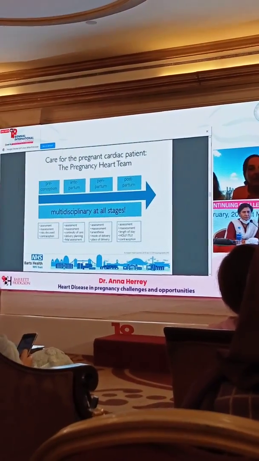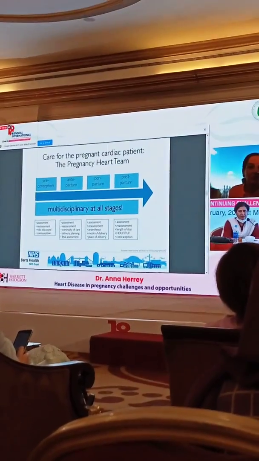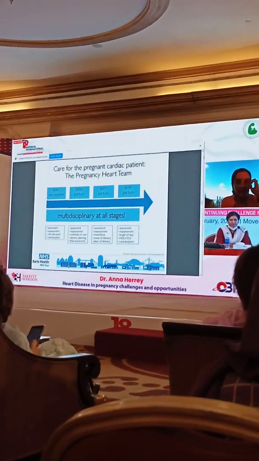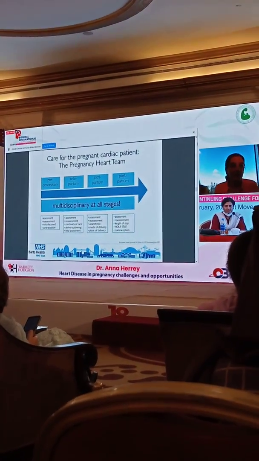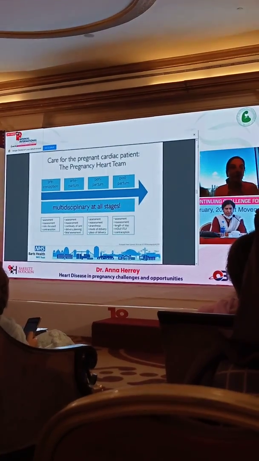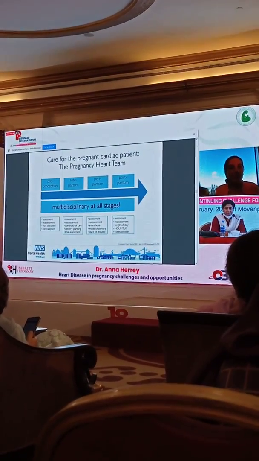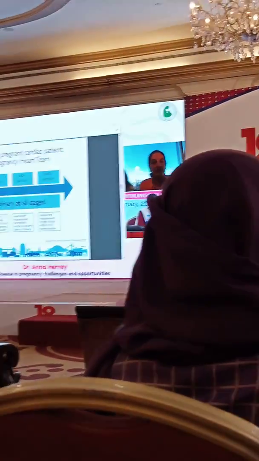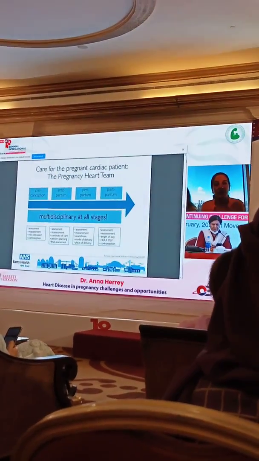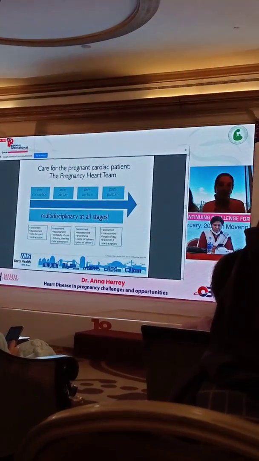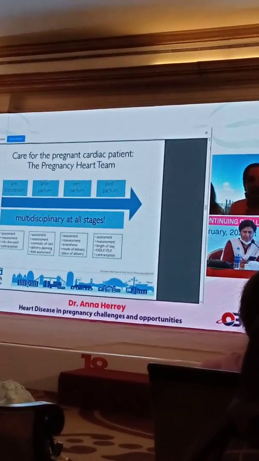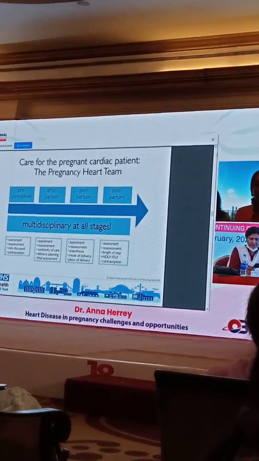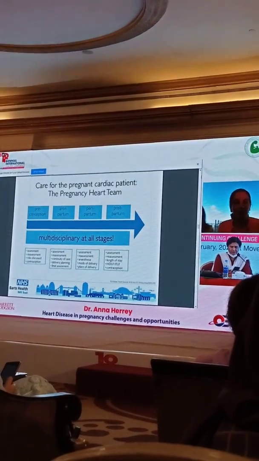Okay, yeah, that's it. So the care that we deliver to these women should be multidisciplinary at all stages, and I haven't got much time to go into details, but you can see here that it should all start with good risk assessment prior to pregnancy, adjustment of medication to facilitate safe pregnancy, then reassessment at any stage wherever appropriate in the pregnancy, and good delivery planning, and that includes where does she deliver, when can she deliver in the spoke, or does she need to go to the hub where all specialties are available, how should she deliver, can she go to term, or does she need to be delivered early, for example, and where does she go after the delivery?